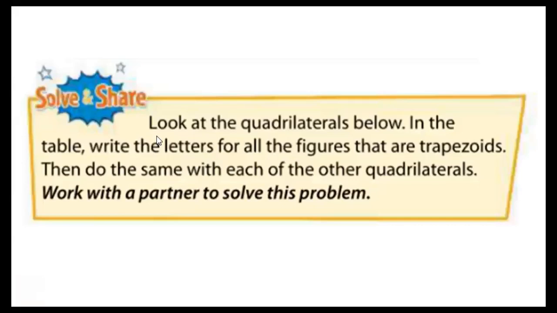The first page, solve and share. Look at the quadrilaterals below in the table and write the letters for all the figures that are trapezoids. Then do the same with each of the other quadrilaterals and work with a partner to solve this problem.